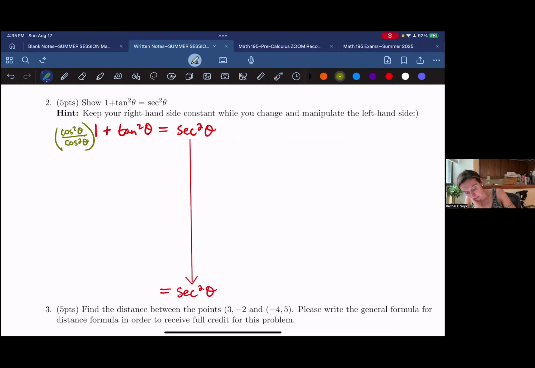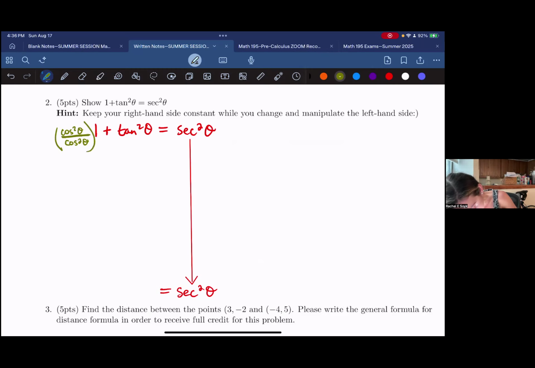And then with tan squared theta, we know tangent in terms of sine and cosine is just sine over cosine. So why don't we change tan squared theta into sine squared theta over cosine squared theta?